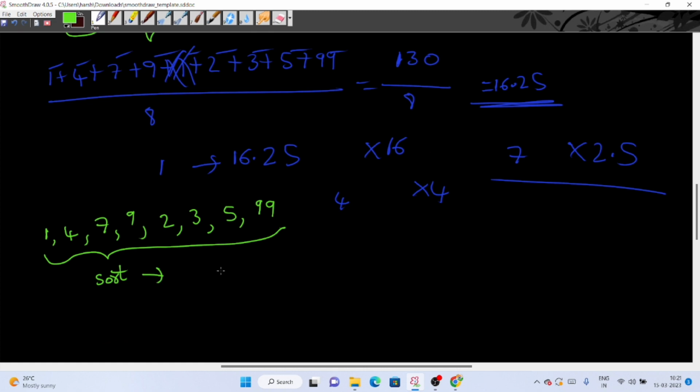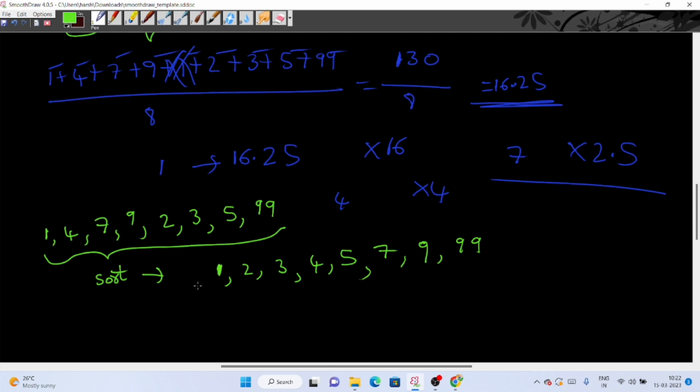After sorting, my data may look like 1, 2, 3, 4, 5, 7, 9, and then 99. So after sorting, we have data something like this.